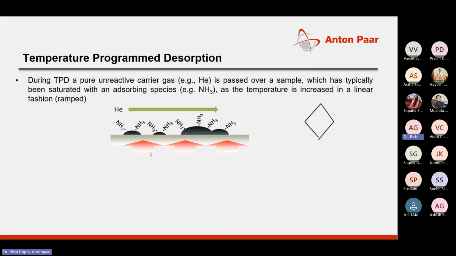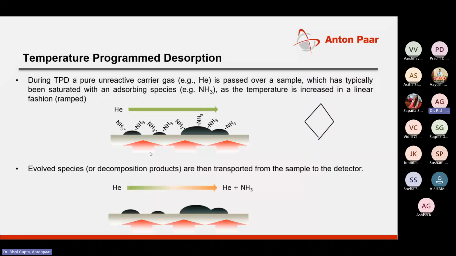So we saturate the sample with ammonia first, ammonia binds everywhere where it can. Once it is already there, then we apply heat and flow an inert gas onto it. As you keep on increasing the temperature, the adsorbed ammonia starts to desorb. And this is why we call it temperature programmed desorption.